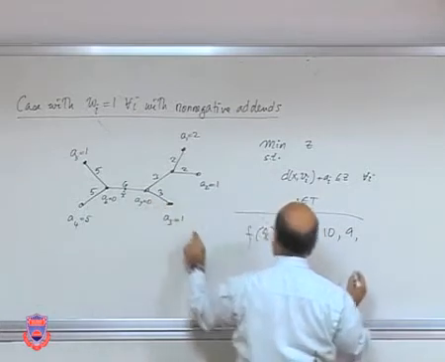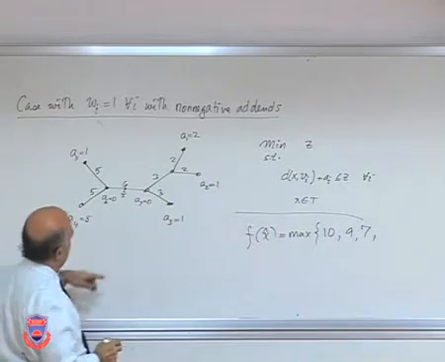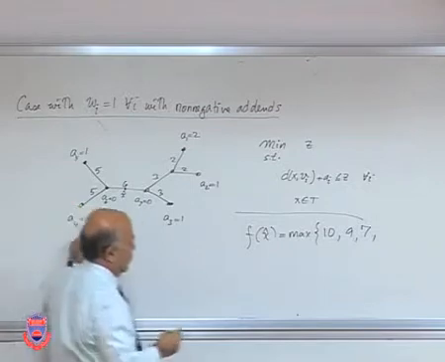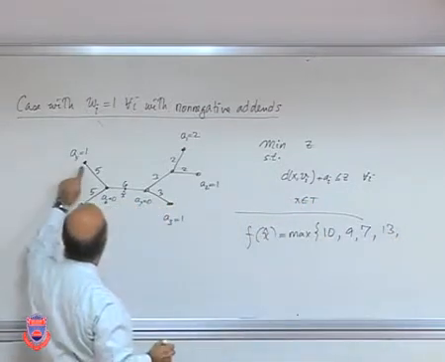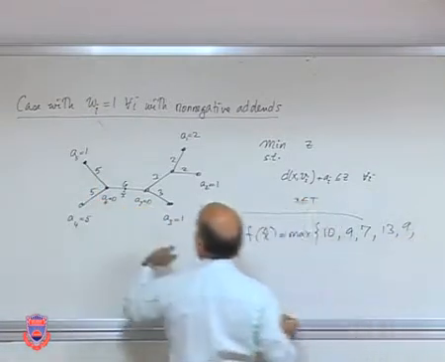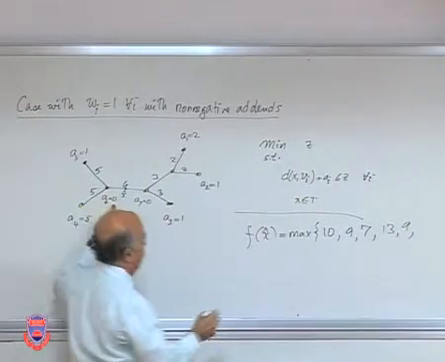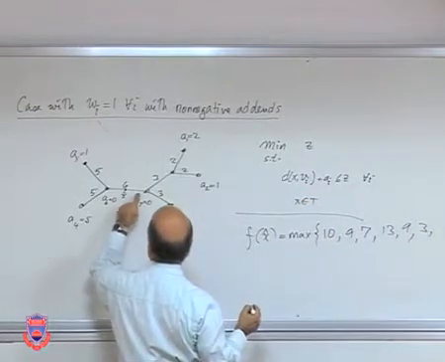Sorry, 3 to 6, 7. This one, 3, 5, 8, 13. Next one is 9, 3, 8, 9. This is the next one, that's 3. And the next one is 3 again.